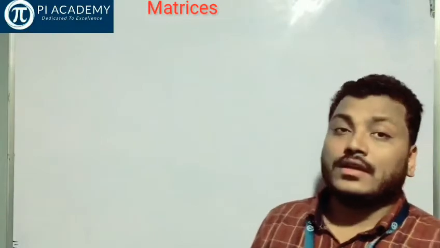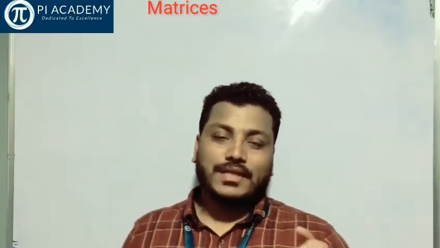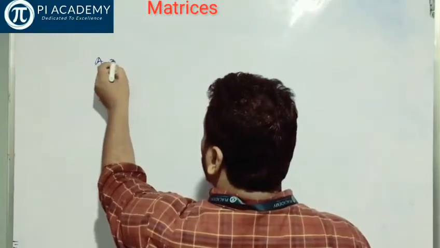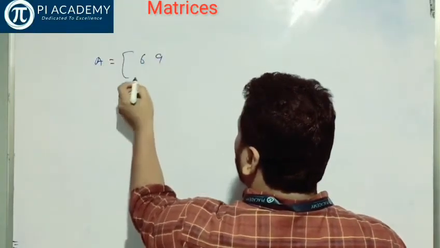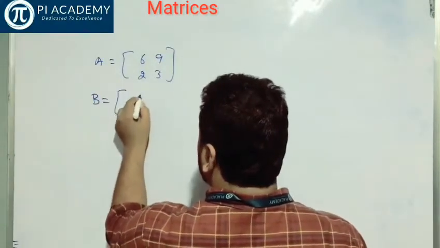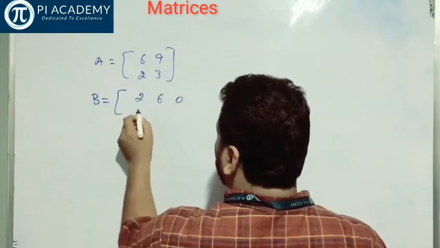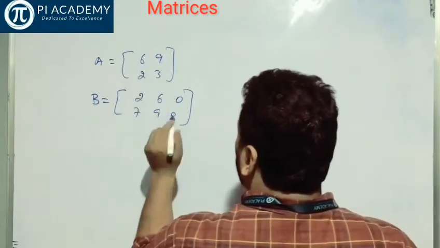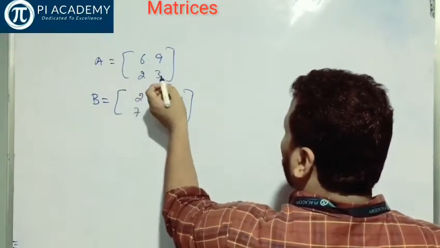So now we'll see how to do the multiplication. Multiplication has a few conditions on how you can multiply. If I take one example, A as 6, 9, 2, 3, any example, and let B be equal to something else. Now you can check what the order of this one is: 2 by 2 only.